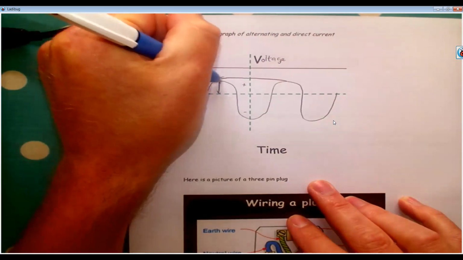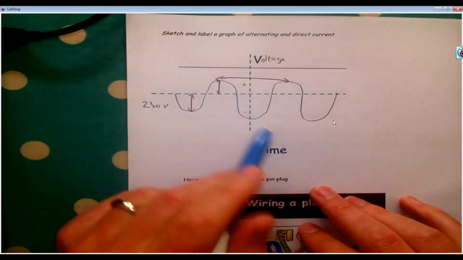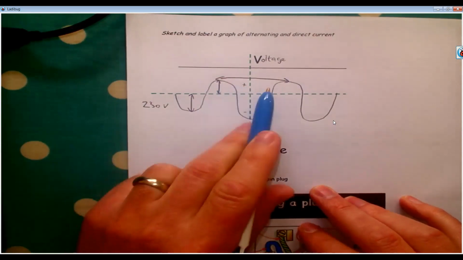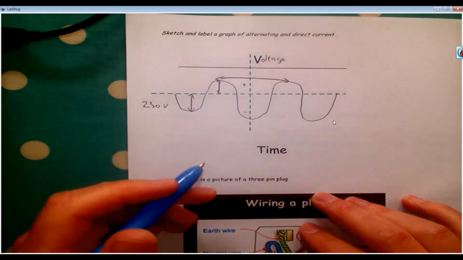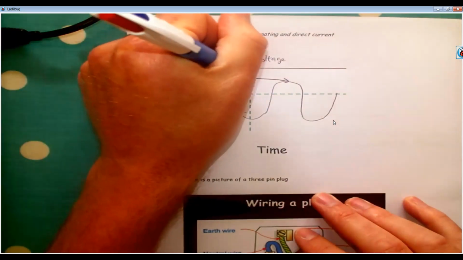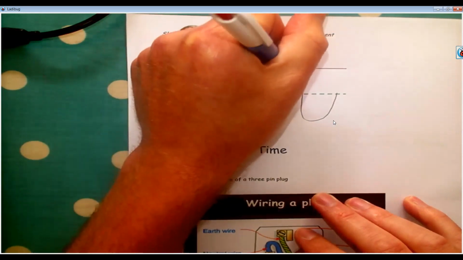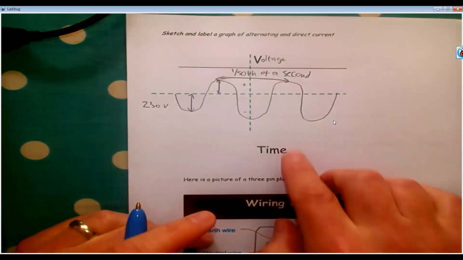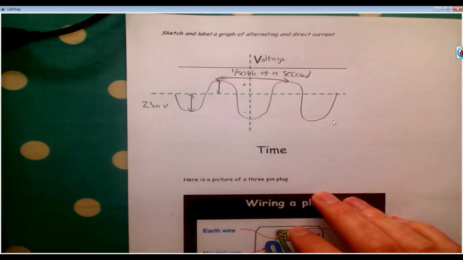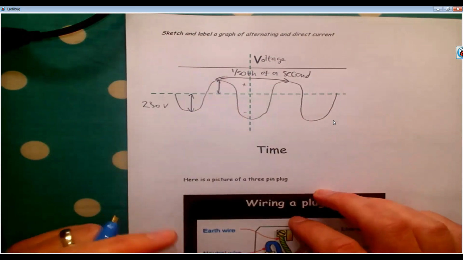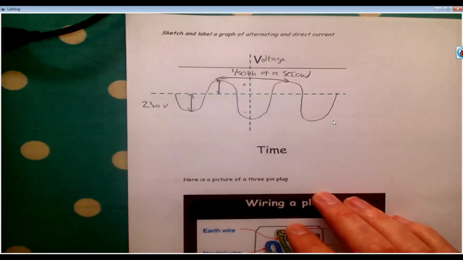And the time taken, not the wavelength, but the time taken, so we could measure that across the x-axis, and that would be 1/50th of a second. So that's how long it takes to change direction, or to change direction and go back again. So that's how long that amount of time is.